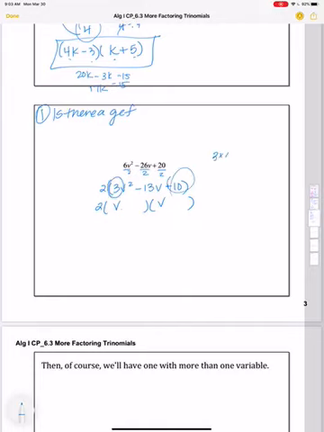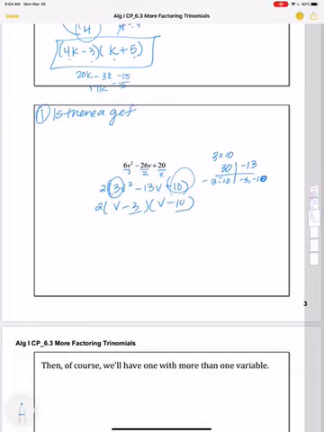So I do 3 times 10, and I get 30. So what times what is 30 and added together is negative 13? I love these. 3 and 10, right? Okay, so they both have to be negative to get a negative 13. So, minus 3, minus 10.